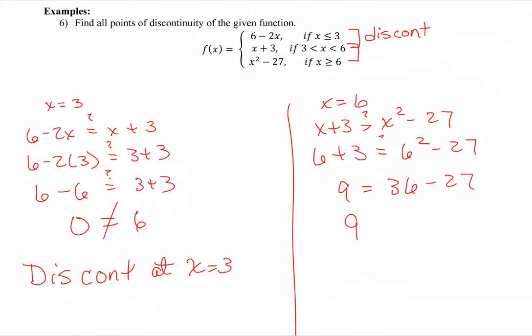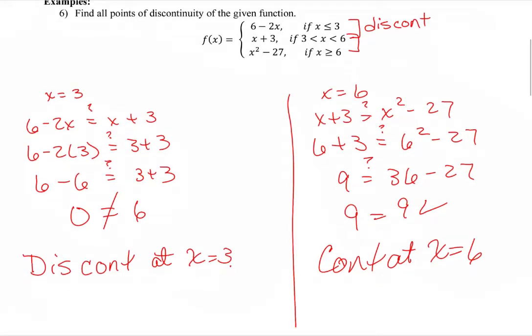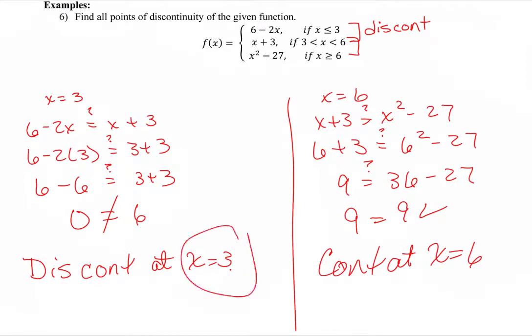And 9 does equal 9. So that is a yes. So we are continuous at x equals 6. So this function is discontinuous at x equals 3, and of all the points of discontinuity, the only one is 3.